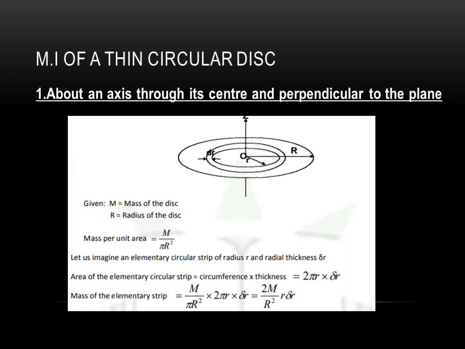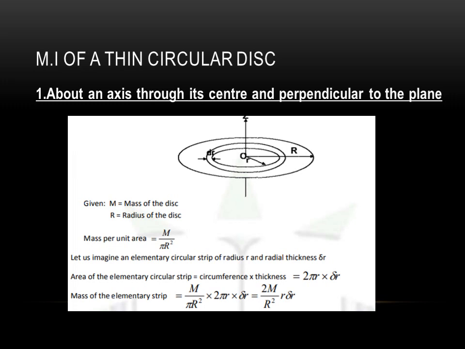Now let us consider a small circular strip like this. It is shown there is a small circular strip of radius small r and thickness dr. The area of this small circular strip of radius r and thickness dr is given by circumference into thickness, 2 pi r into dr. So that is the area.